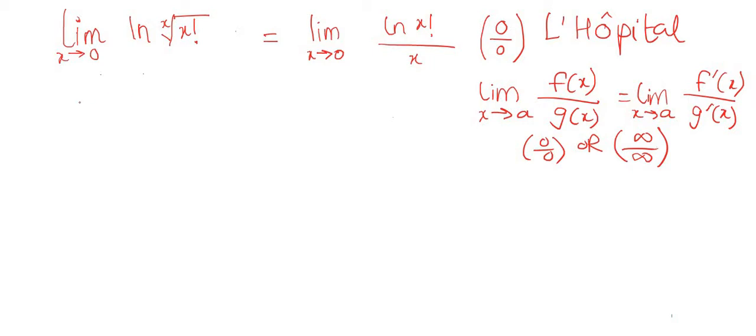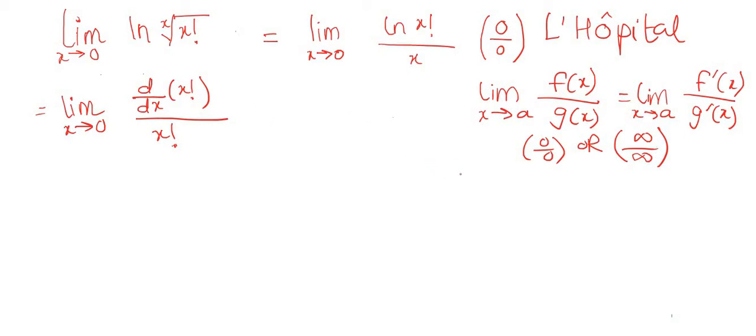So applying that same thing over here, we now have the limit as x tends to 0. Differentiating the natural log function gives the derivative of x factorial over x factorial, because the derivative of x is just 1.